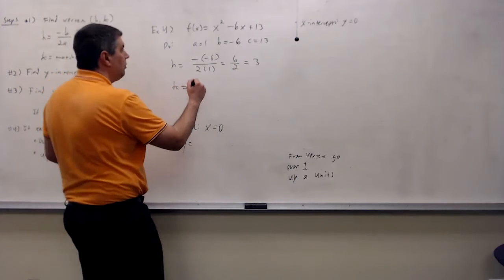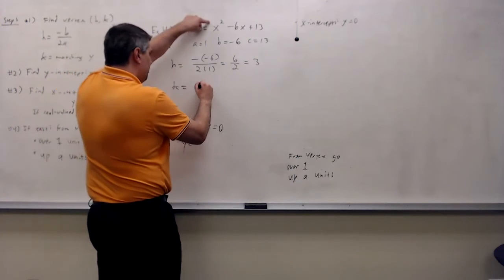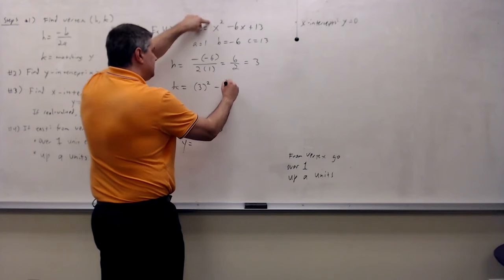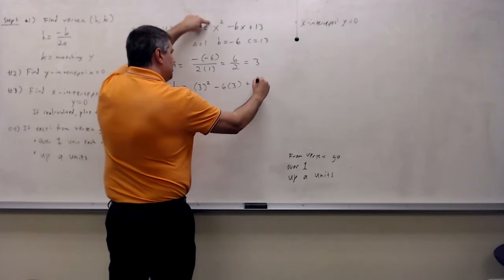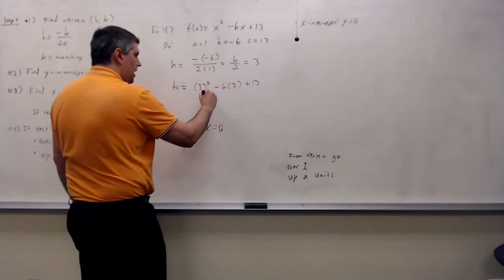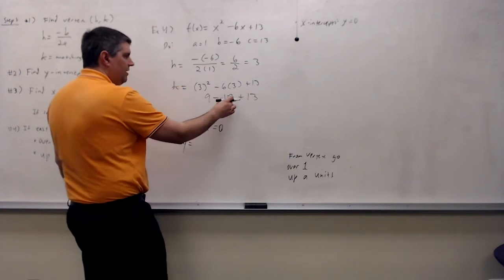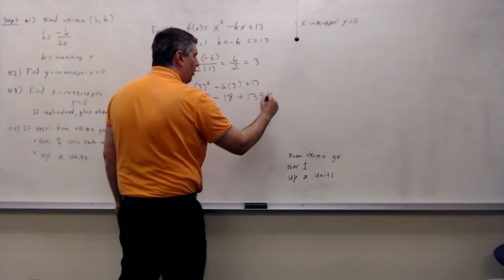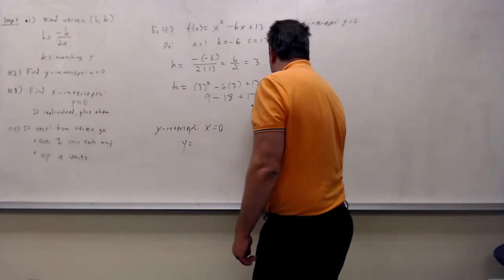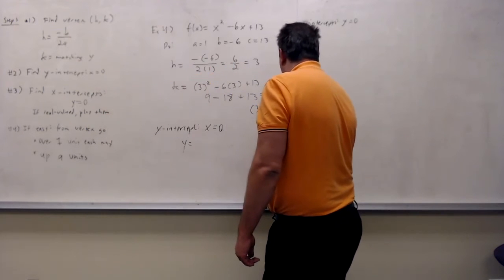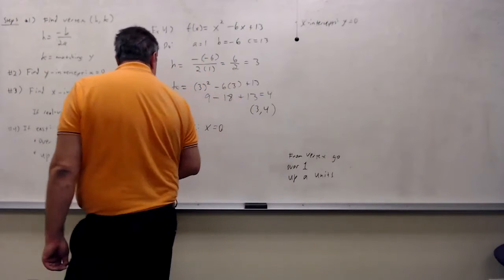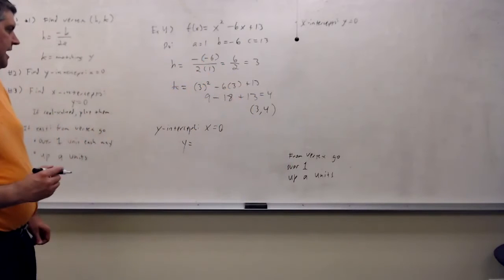So, plug it in. I get 3 squared minus 6 times 3 plus 13. 9 minus 18 plus 13. -9 plus 13 is 4. So that's going to be (3, 4). The y-intercept is where x equals 0.